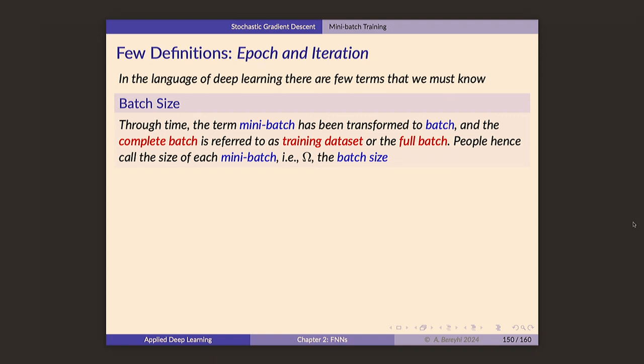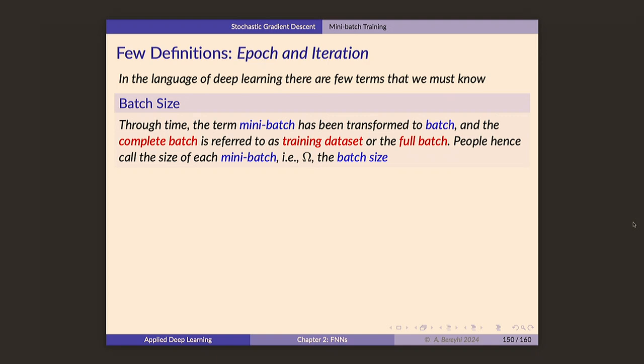Many texts call the full batch of data either full batch or training data set, and then call mini batches batch, which is a bit confusing for me at least, because I like that term mini. But usually they call the size of the mini batch batch size. At least when you use PyTorch, the keyword for that is batch size. Okay? So from now on, whenever I say batch size, I basically mean the size of the mini batch.